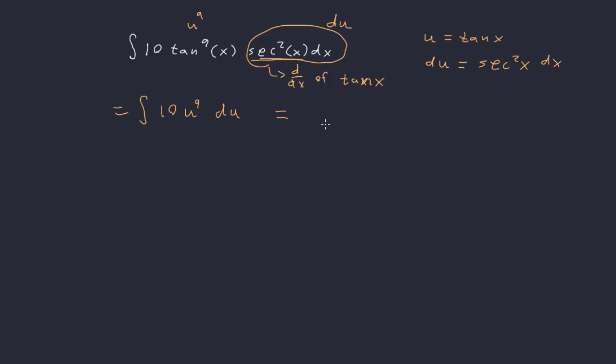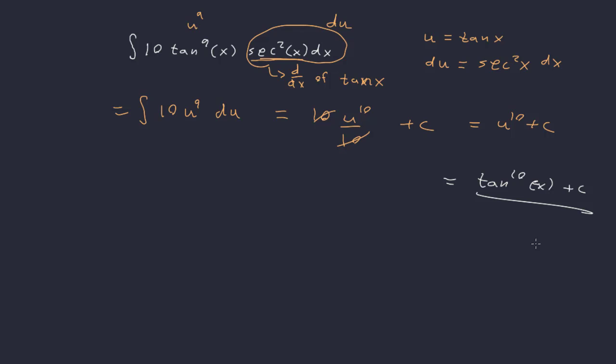All right, so we integrate that. That'll be 10 u to the 10 over 10, so the 10's cancel, plus c. So we get u to the 10th plus c. And then we just put the tangent back in and get tangent to the 10th of x plus c. All right, so a much nicer one than the ones we've been looking at so far.